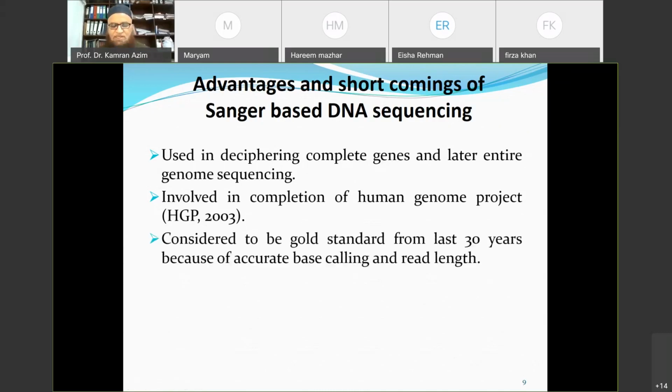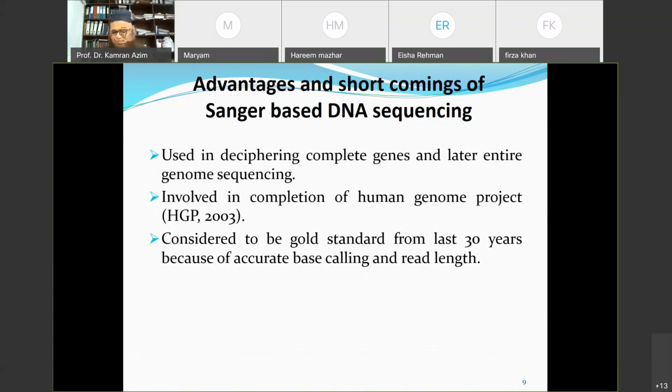Sanger-based DNA sequencing is considered the gold standard for DNA sequencing during the last 30, 40 years because of accurate base calling and read length. Accurate base calling means that the sequencing is carried out very accurately, with a longer read length of 700 up to 1000 base pairs sequenced at a time.